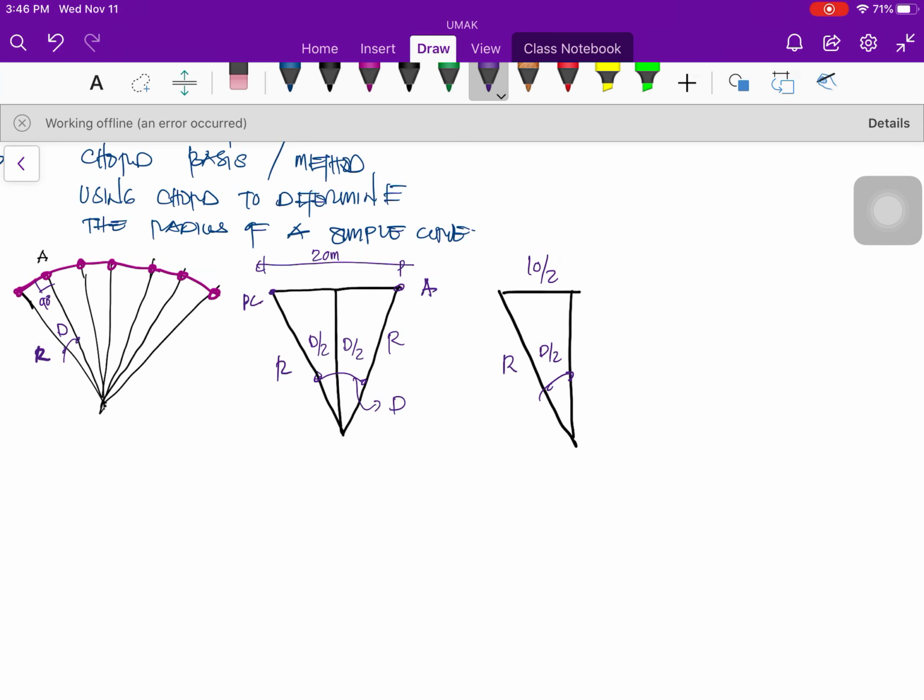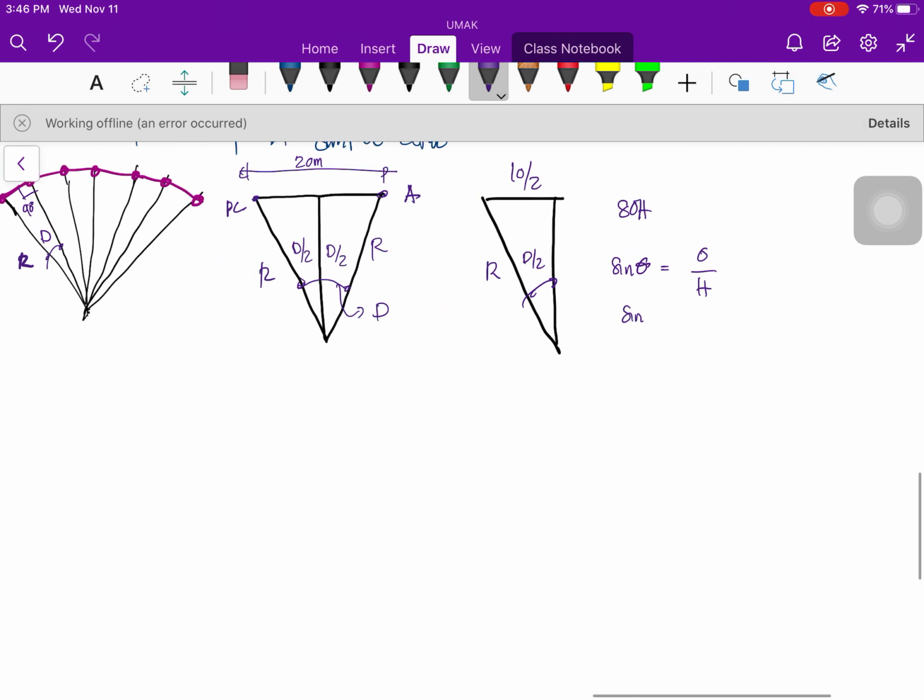So how are you going to solve for R? Sine theta is equal to opposite all over hypotenuse. So sine of D all over 2 is equal to 20 all over 2, opposite, so that's 10 all over R. So R will be 10 all over sine of D all over 2.